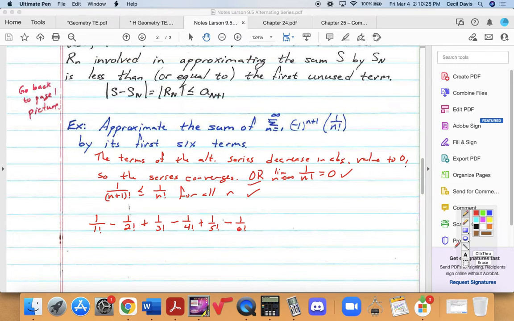So let's see, this would be 1 minus a half plus 1/6 minus 1/24 plus 1 over 120 minus 1 over 720.